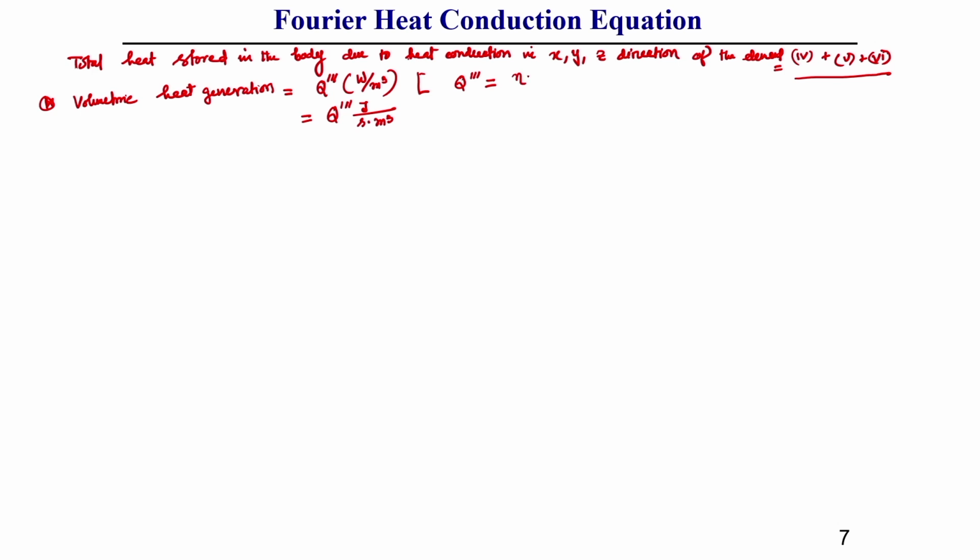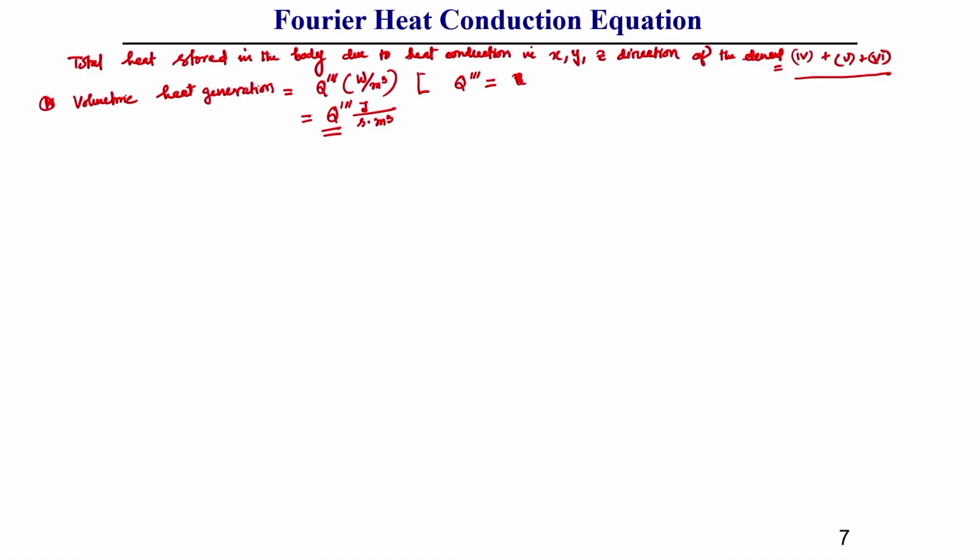This volumetric heat flux intensity can be represented by different types of equations. This heat source equation can be a double ellipsoidal heat source, or some other heat source equation, and in this equation form you can represent the heat generation.